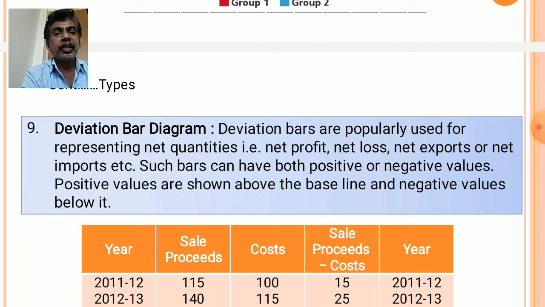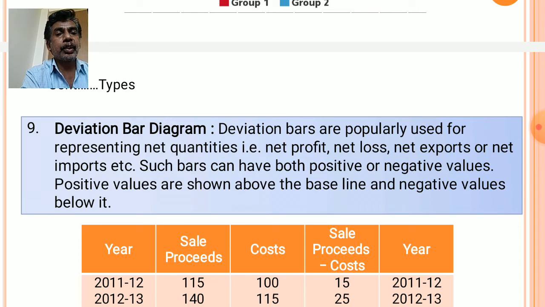So here deviation bar diagram means it is a diagram popularly used for representing net quantities, that is net profit or net loss or net exports or net imports. A diagram that represents them we call a deviation bar diagram.